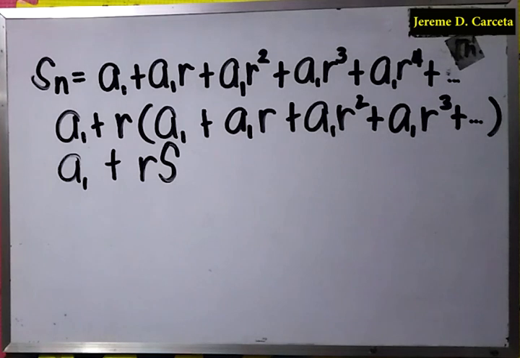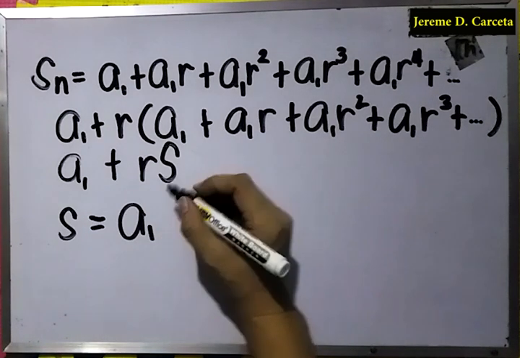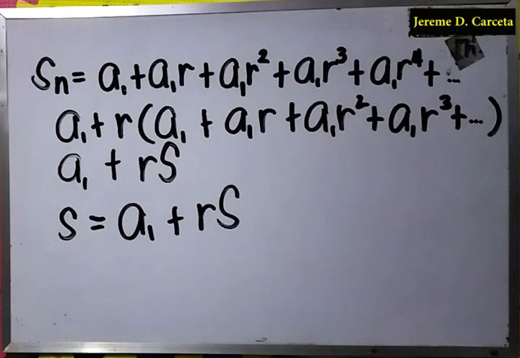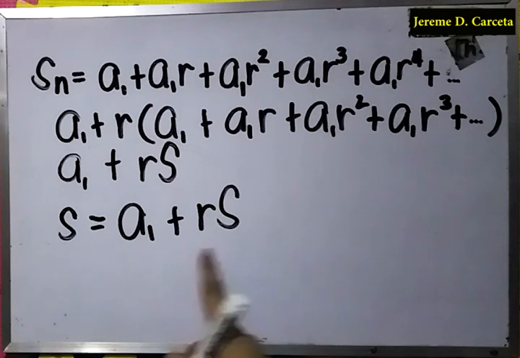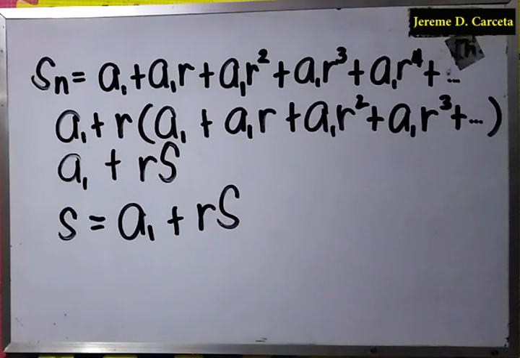Solving the equation, S is equal to a sub 1 plus r times S. For our S, we can apply here the addition property of equality, or the APE. We need to eliminate the rS here, so we have to add negative rS to both sides.